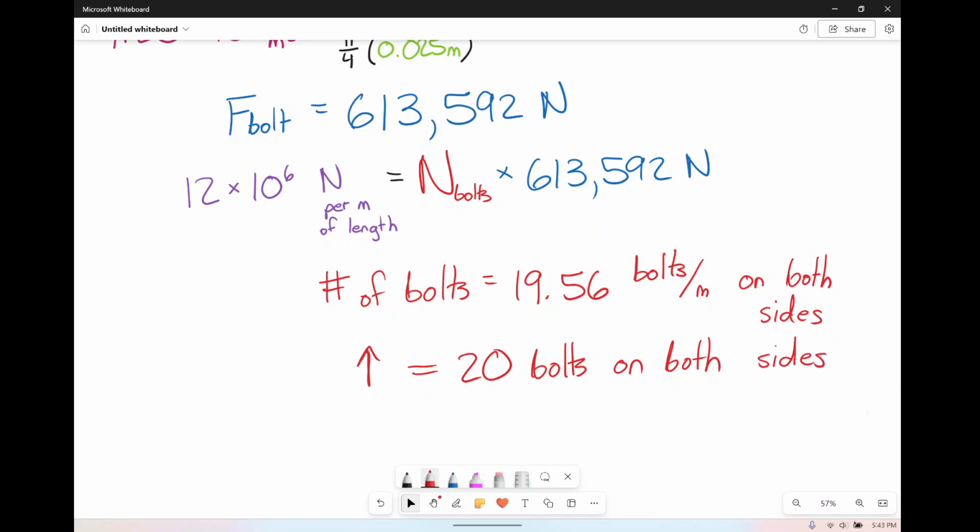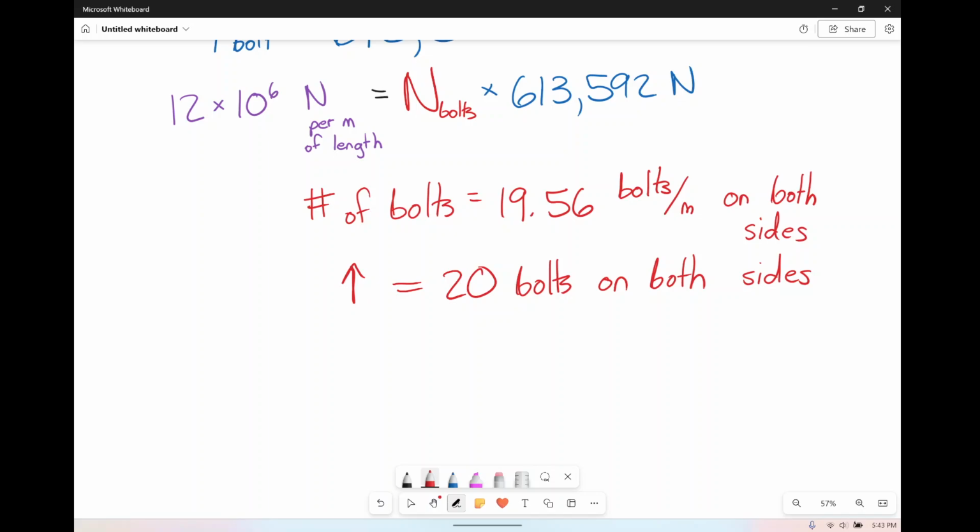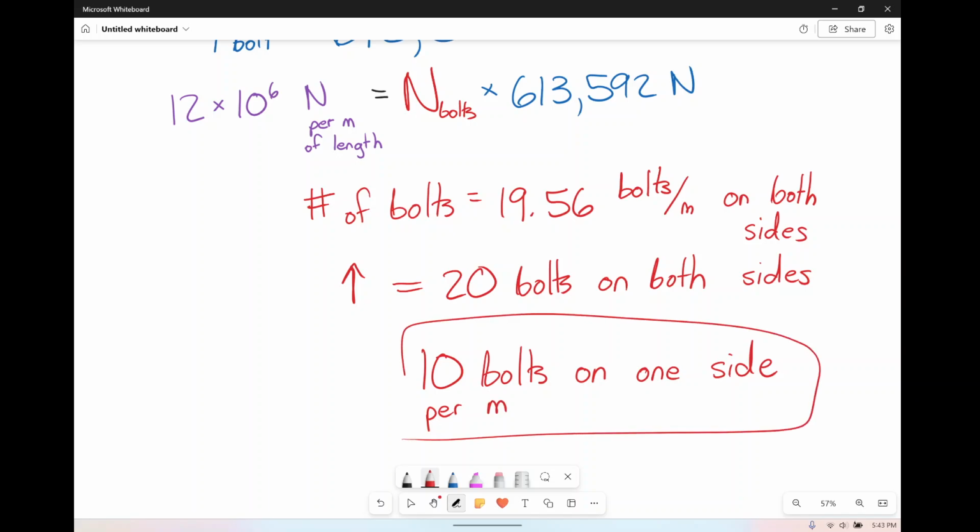If I want to know what it is on a particular side, then obviously divide by 2 because there were 2 sides, and we get a grand total of 10 bolts on one side. But again, it's per meter of length.